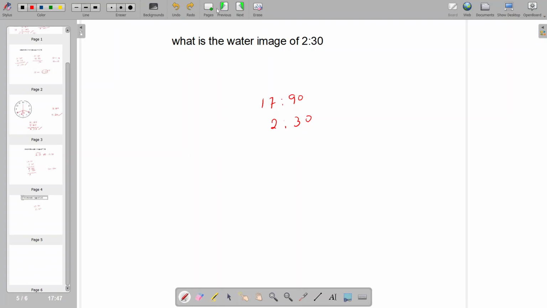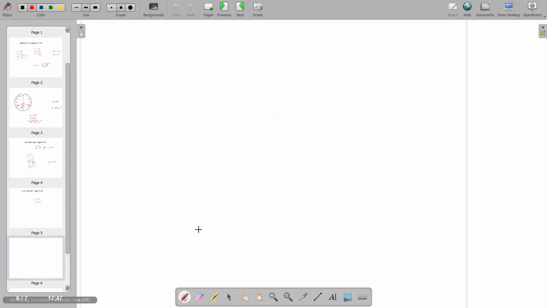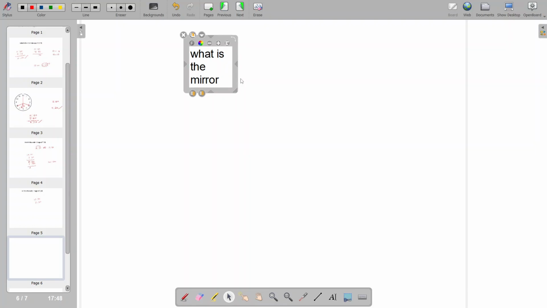I will take the next page. This is the next question. What is the water image of 5:20?